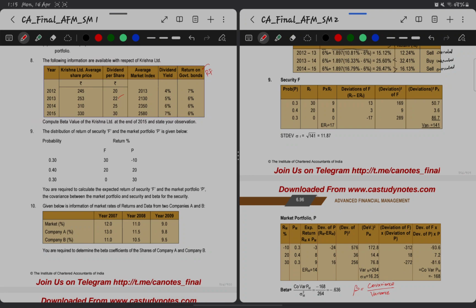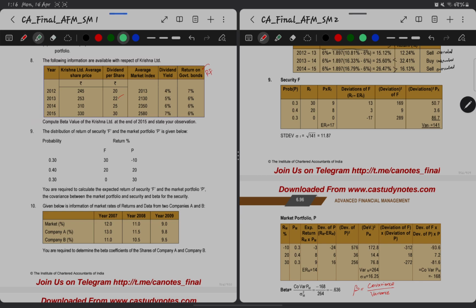Practical question 9. The distribution of return of security F and the market portfolio P is given below. Probabilities are given, and return of security F and market return are given. You are required to calculate the expected return of security F and the market portfolio P, the covariance between the market portfolio and security, and beta for the security.